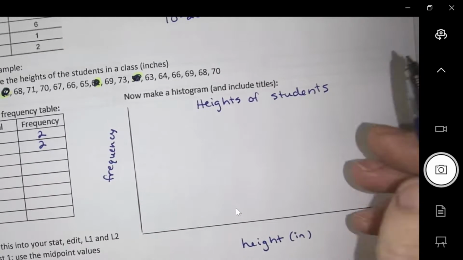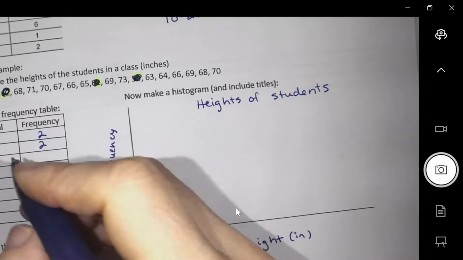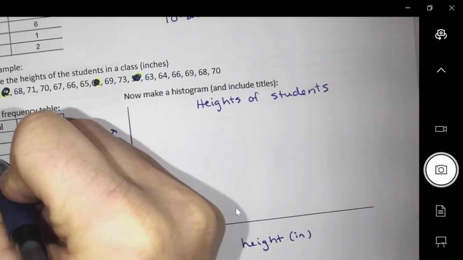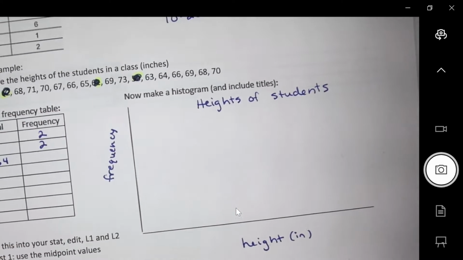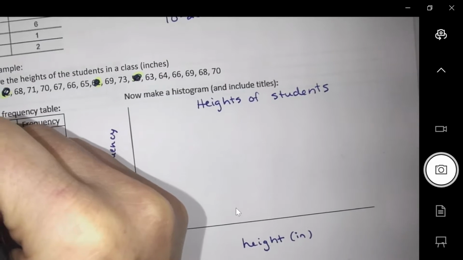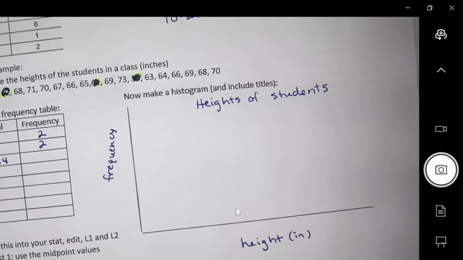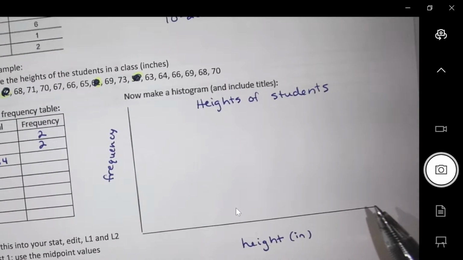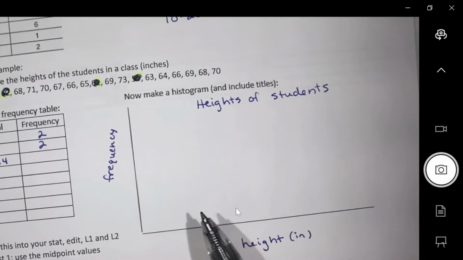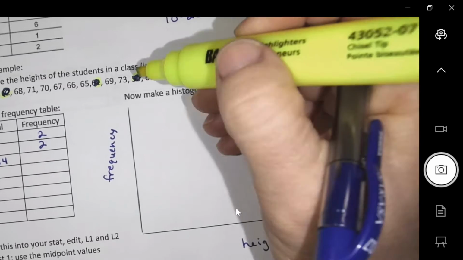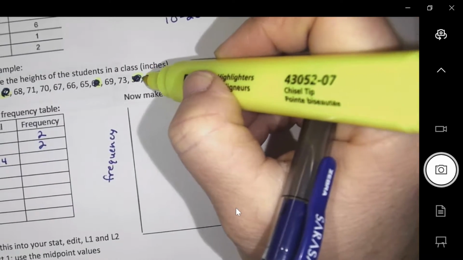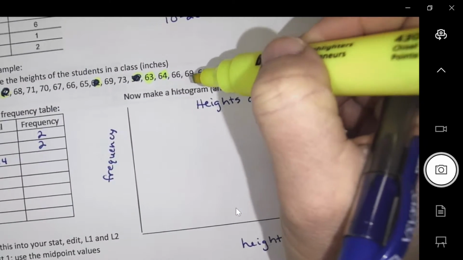Okay, so the next range is going to go from 62 to 64. So I'm looking for people of heights of 63 and 64. So now, how many of those do you see? 63, 64.